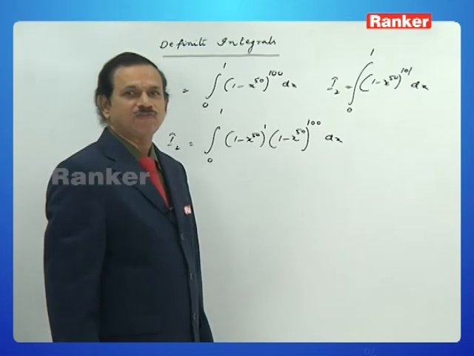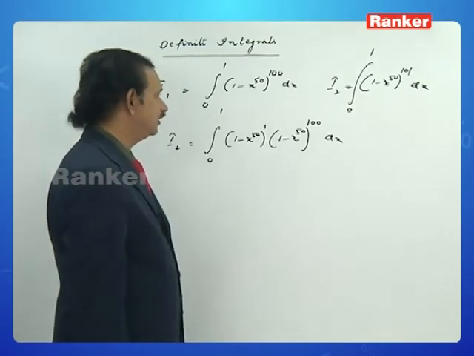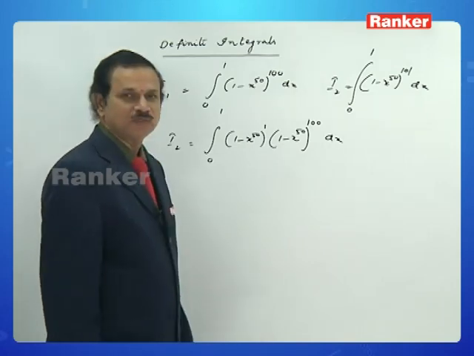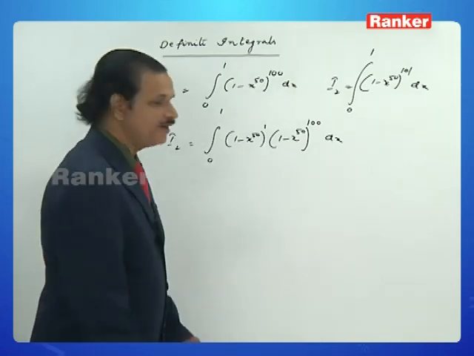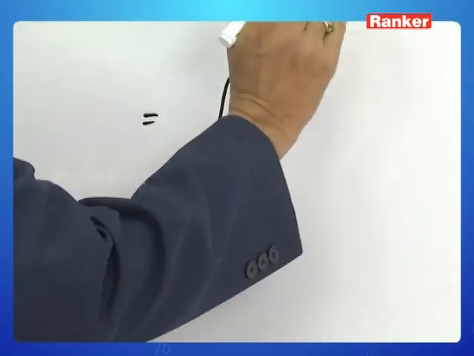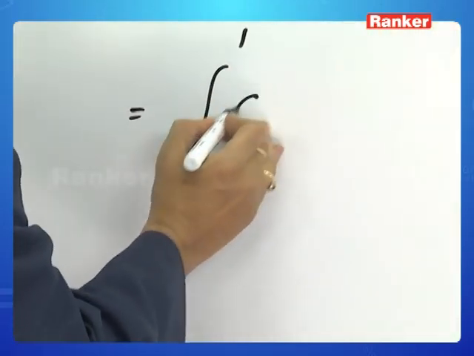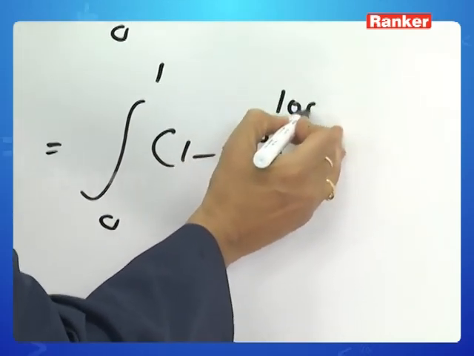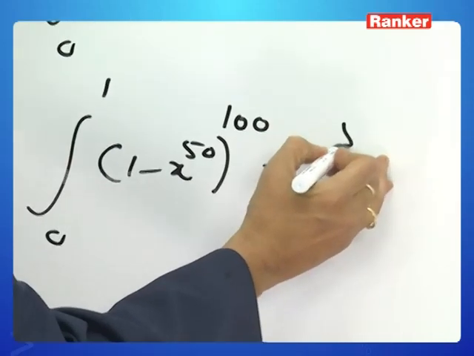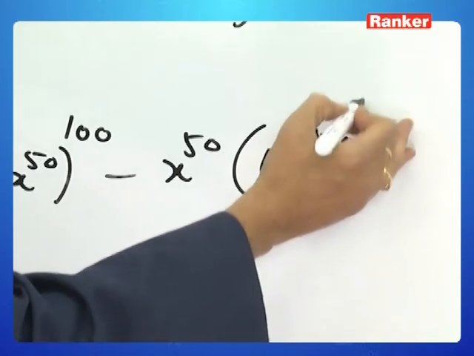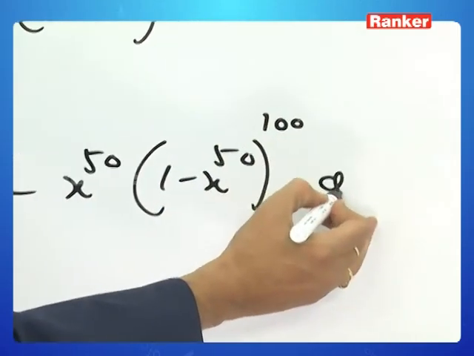I think you could have caught what I have done. (1 minus x to the power of 50) whole to the power of 101 has been split into two parts. Now, you observe this is integral 0 to 1 of 1 into (1 minus x to the power of 50) whole to the power of 100 minus x to the power of 50 into (1 minus x to the power of 50) whole to the power of 100 dx.